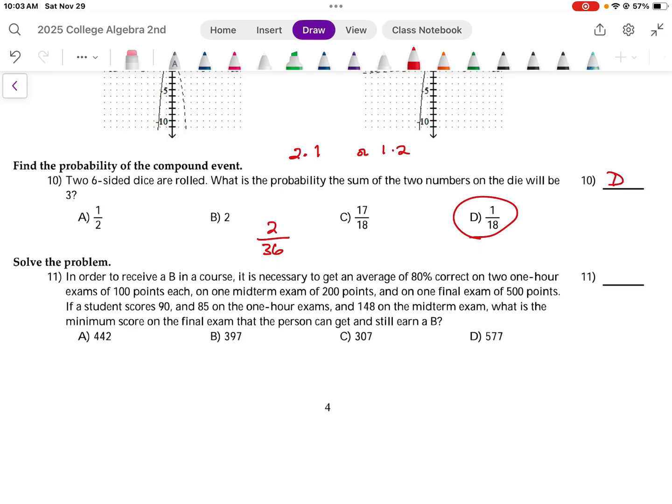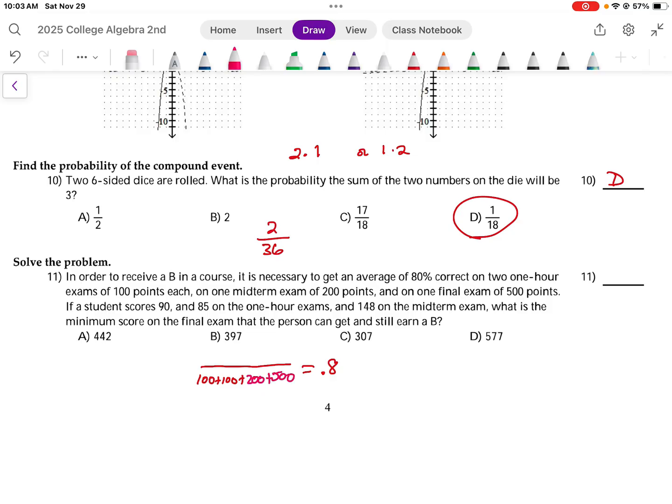Okay, so I want a final grade of 80%, so 0.8. On the left-hand side, 2 100-point exams plus a 200-point midterm plus a 500-point final. Those are the total points.